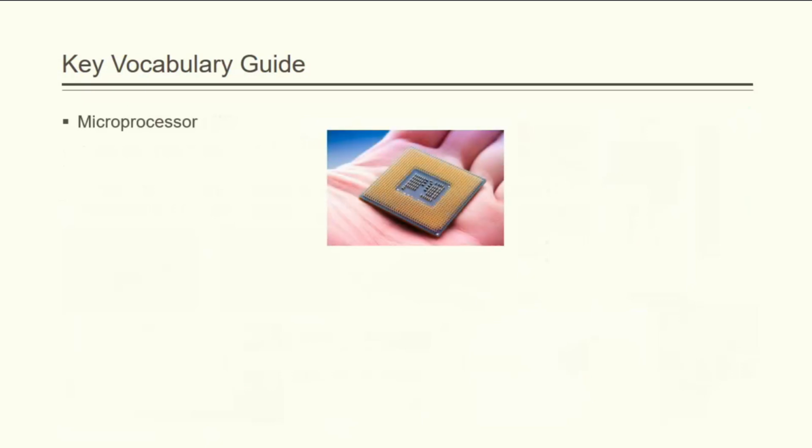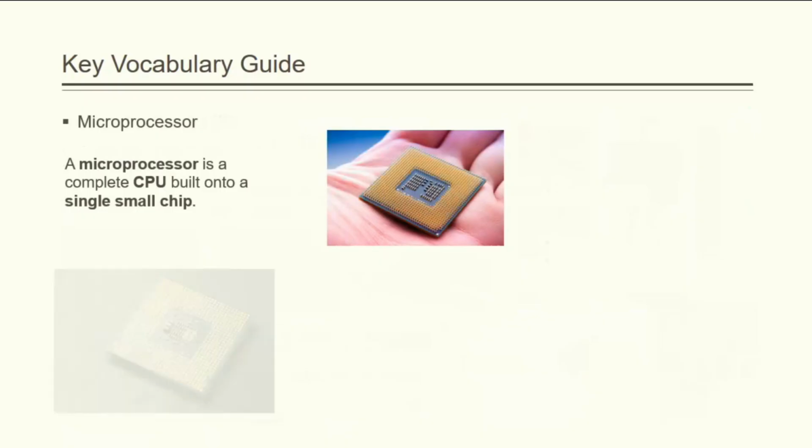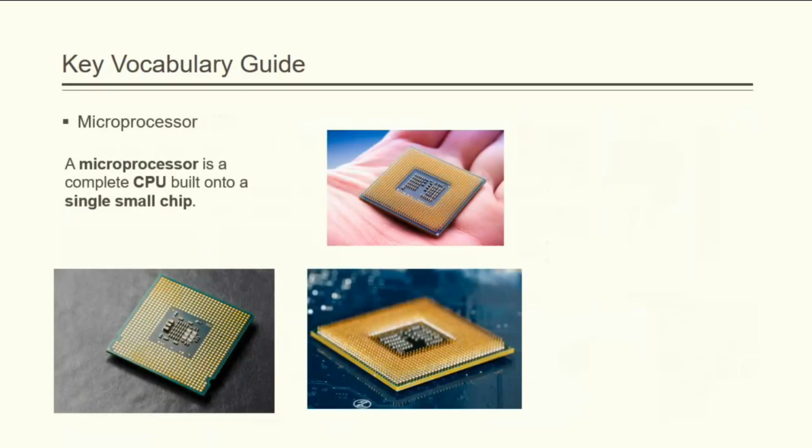Microprocessor. This is how it looks like. Now, what is it? It is a complete CPU built onto one single small chip. And this was used in the fourth generation of computers from 1971 to present.